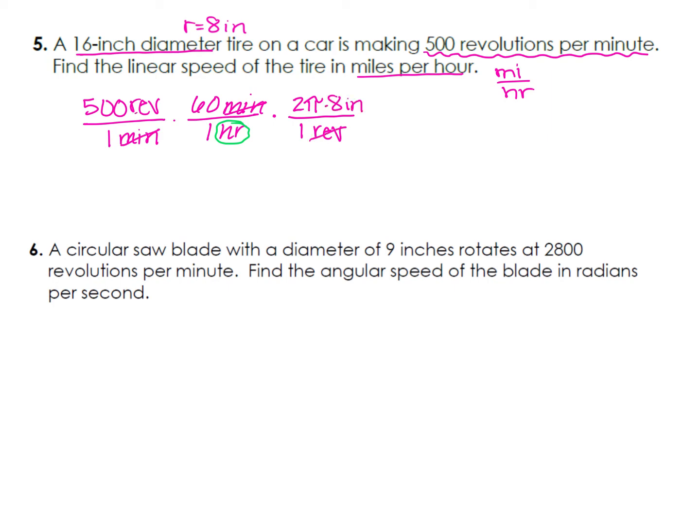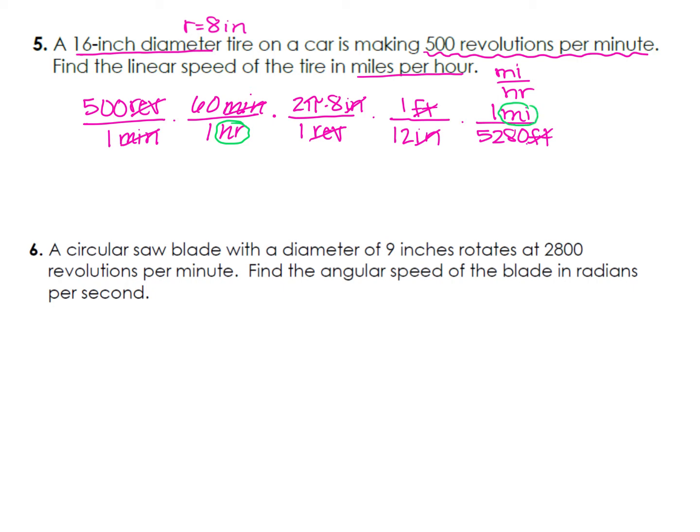So now I'm in inches per hour. And then back to our conversion factors that told us that there are 12 inches in a foot and 5,280 feet in 1 mile. So that we are in miles per hour.